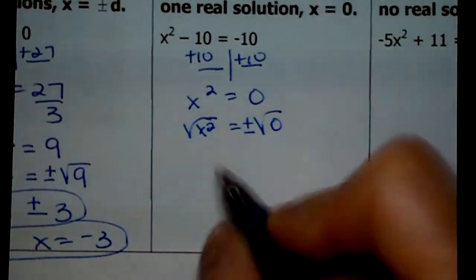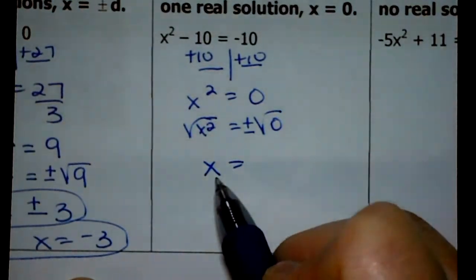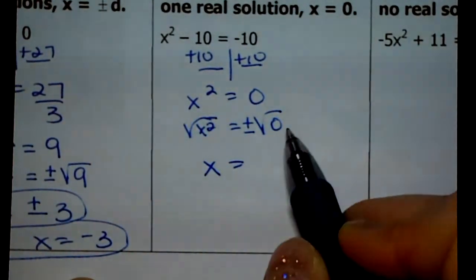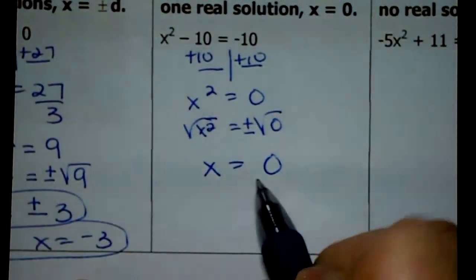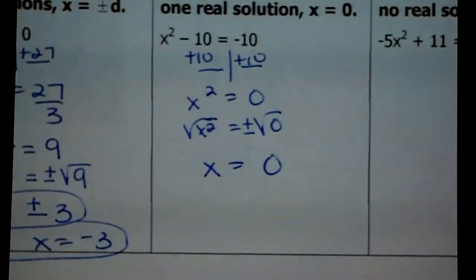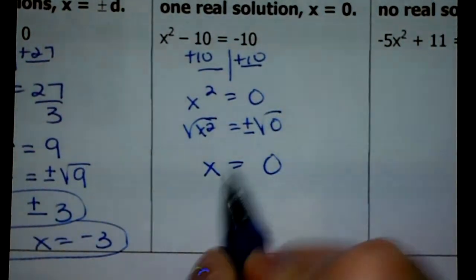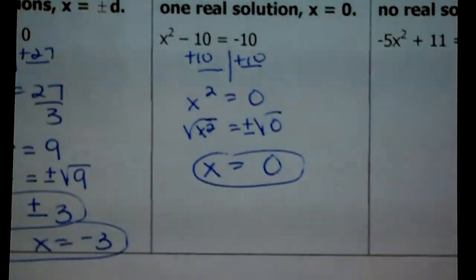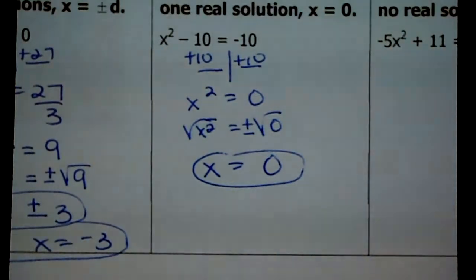No. So with this one, the square root of x squared is x because x times x is x squared. The square root of 0 is just 0. It's not a positive and a negative 0 because 0 is not positive or negative. So if your d is 0, that means your answer is going to be 0. So once you get in an x squared equals d form, if you see that d is 0, you're done. x is 0.